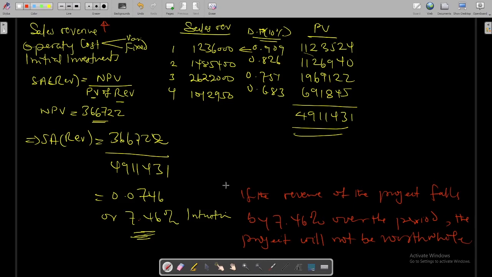Now let's go and find the sensitivity analysis of the initial investment. So that one is going to give us the NPV divided by the PV of the initial cost. Now what is the initial cost?